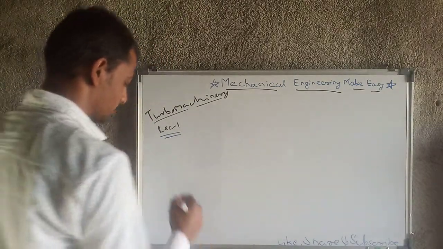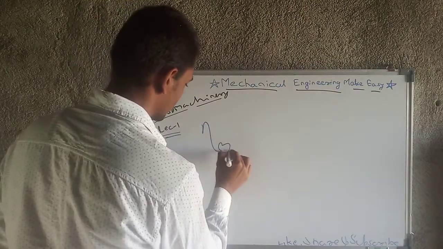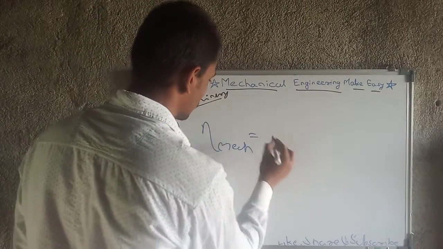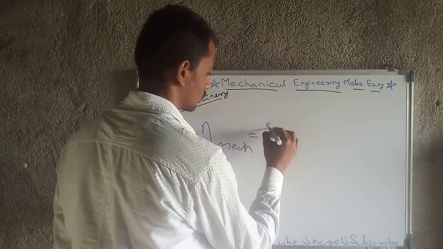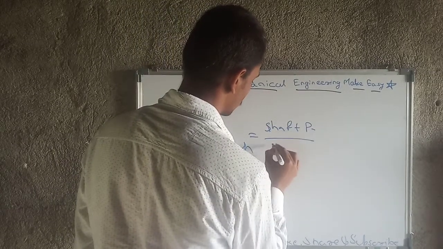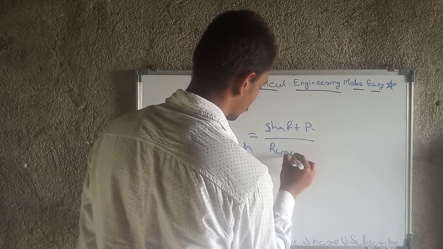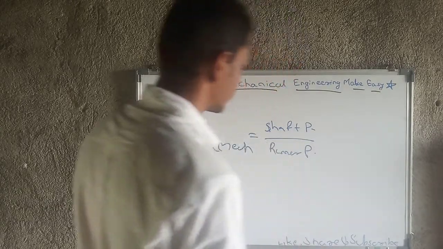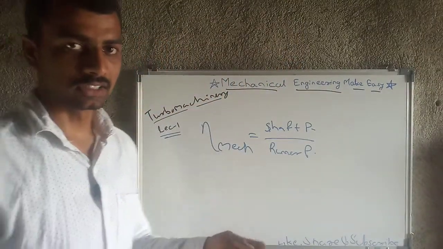Next is mechanical efficiency, that is eta mechanical, which is nothing but shaft power upon runner power. Okay, what is mechanical efficiency?